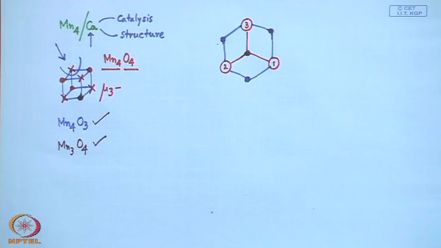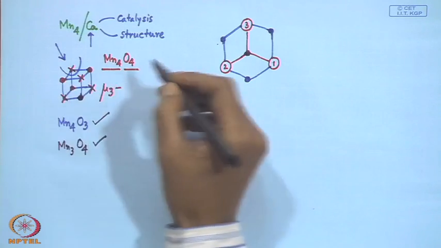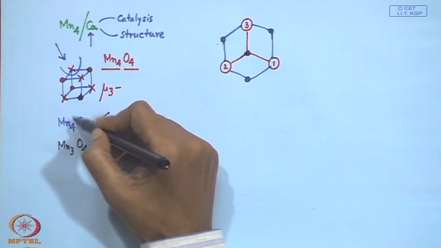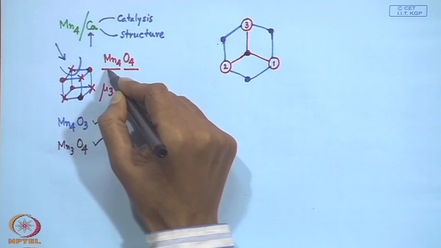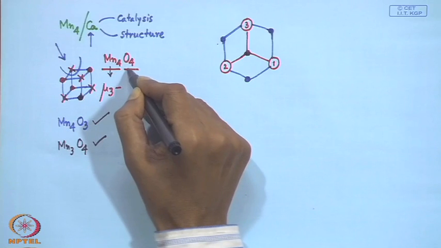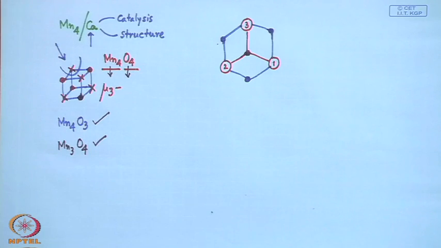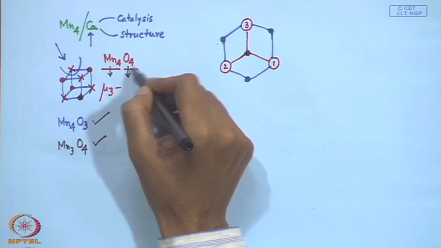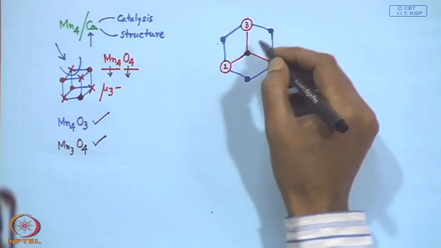In this particular case you can take out one metal center or you can take out one bridging group. So, you can make a manganese 3 system or a manganese 4 system with 3 bridging groups.